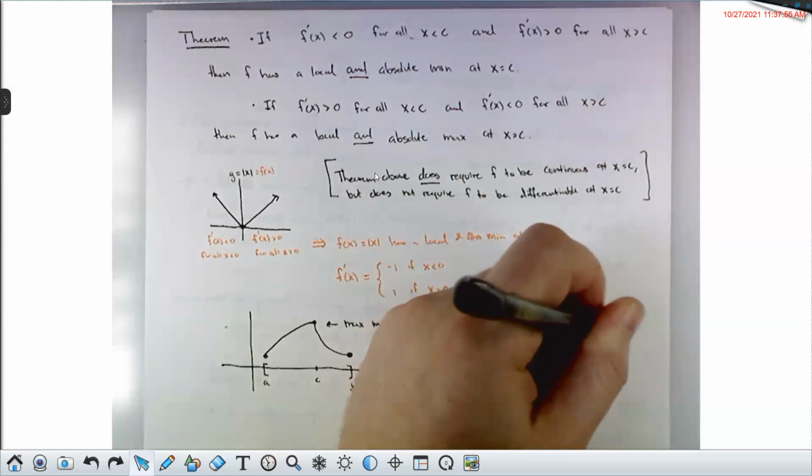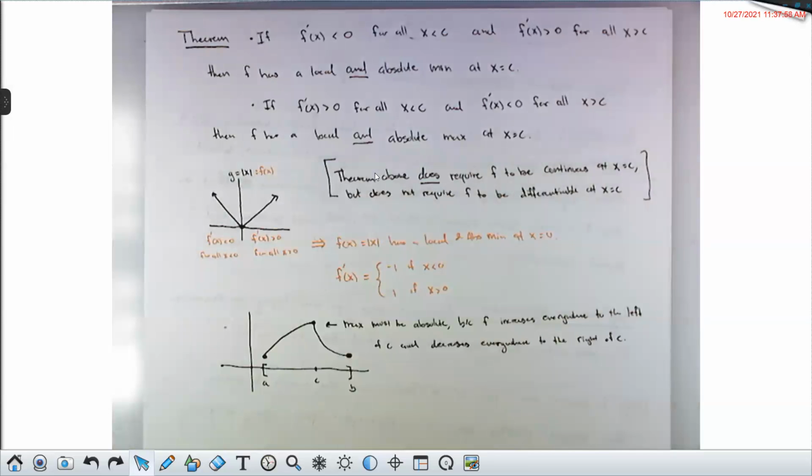But in the last examples, you needed to compare with the endpoints to get the absolute maximum. And my point is that you don't need to do that. If you know you're increasing everywhere to the left and decreasing everywhere to the right, then the endpoints couldn't possibly be the absolute max.